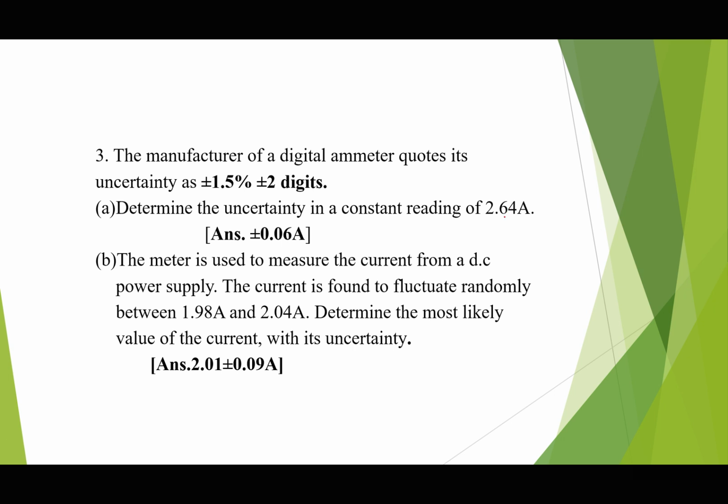So in this reading here, the uncertainty we are using is plus or minus 1.5. The uncertainty in that will be actually 1.5 divided by 100 times 2.64.